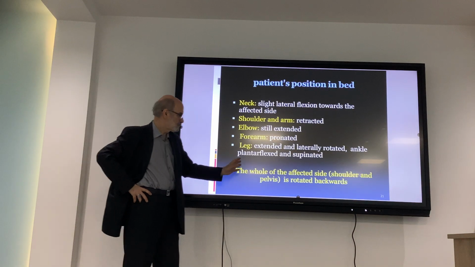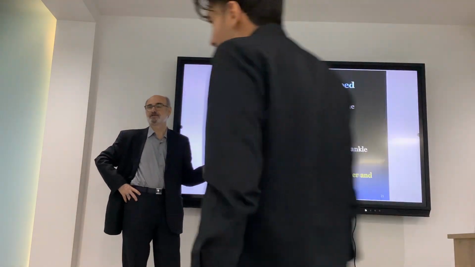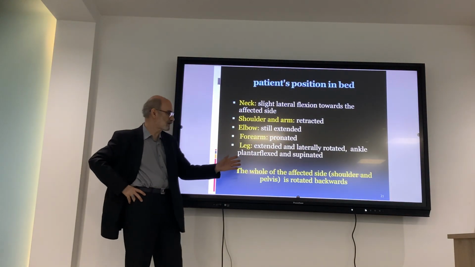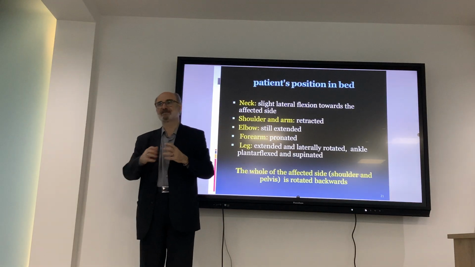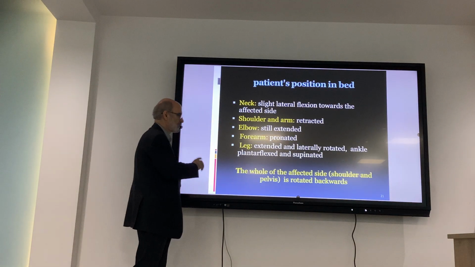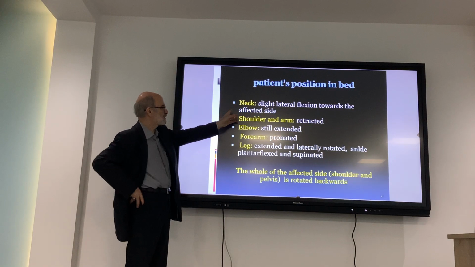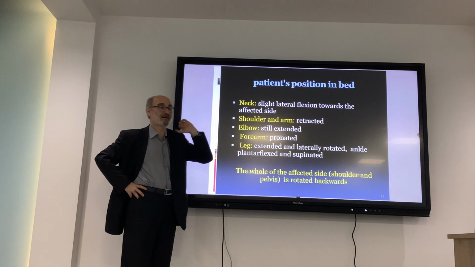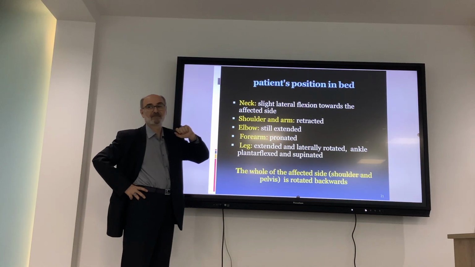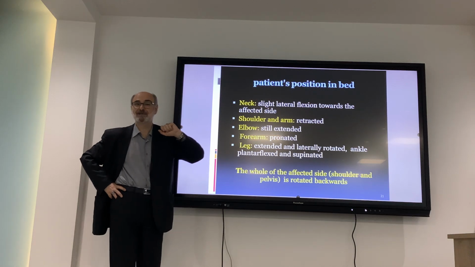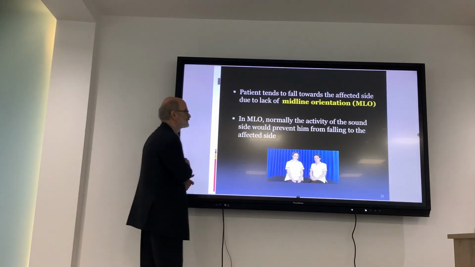The whole of the affected side, shoulder girdle and pelvic girdle, is rotated backwards or is retracted. Therefore, at the initial stage, there is lateral flexion towards the affected side. The elbow is still extended. And there is no restriction in the ROM of the joints.